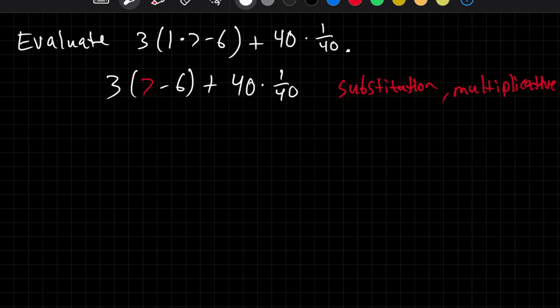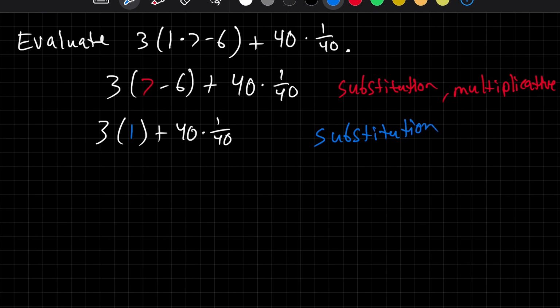All right, let's solve the rest of this. Let's keep going here. So let's say 3 times 1 plus 40 times 1 over 40. What happened here in step in blue?